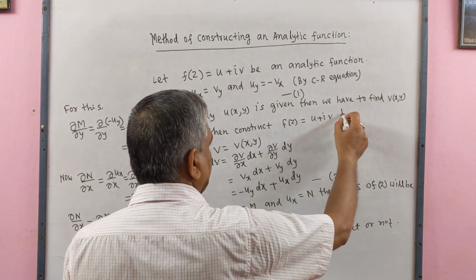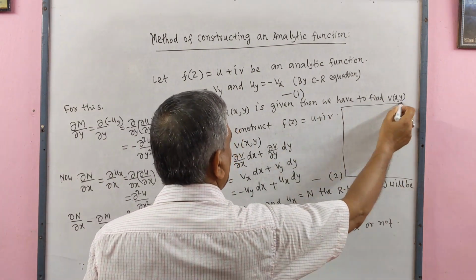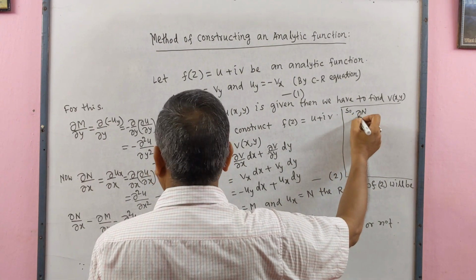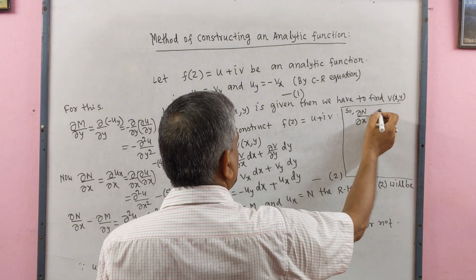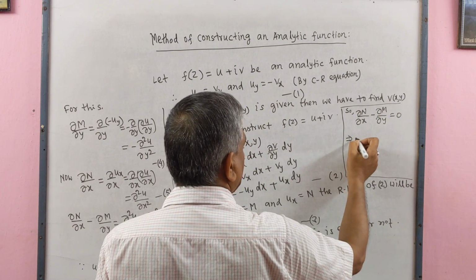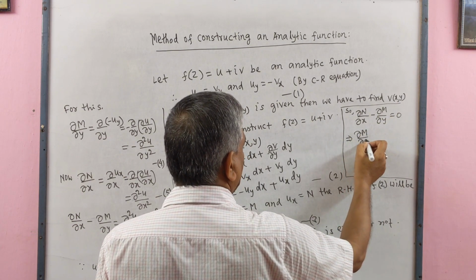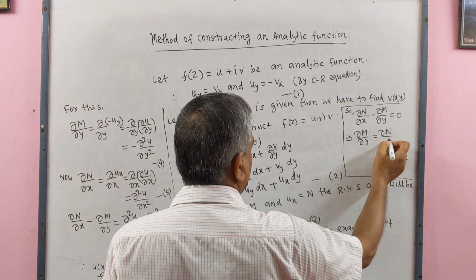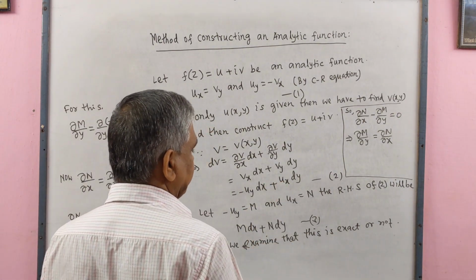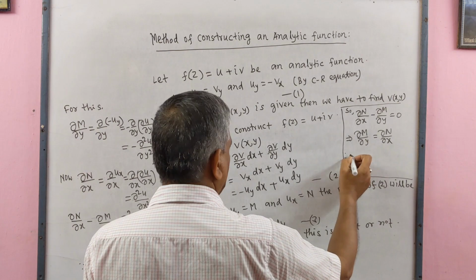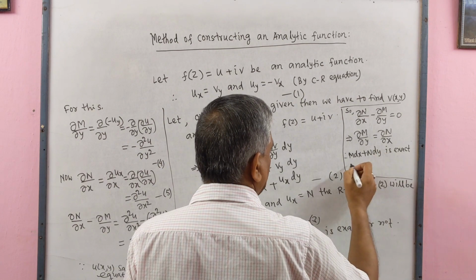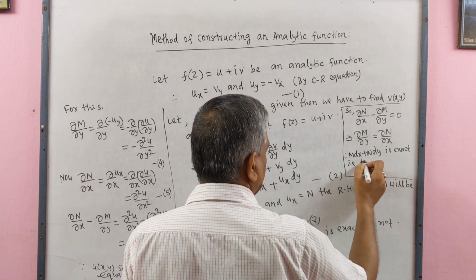So we get ∂n/∂x - ∂m/∂y = 0, which implies that ∂m/∂y = ∂n/∂x. This is the condition for exact differential. Therefore, m dx + n dy is exact differential, that is total differential.